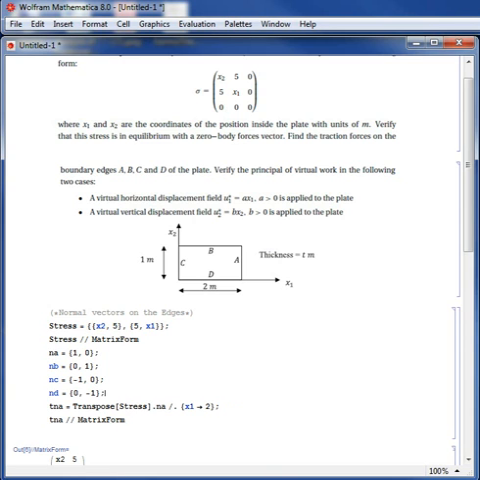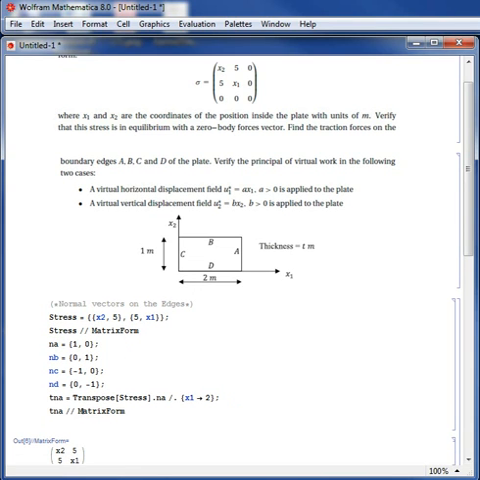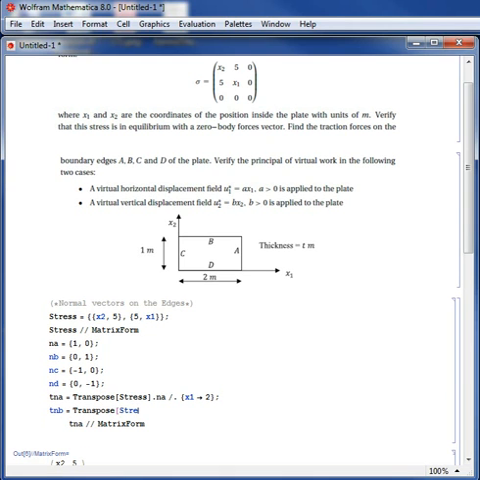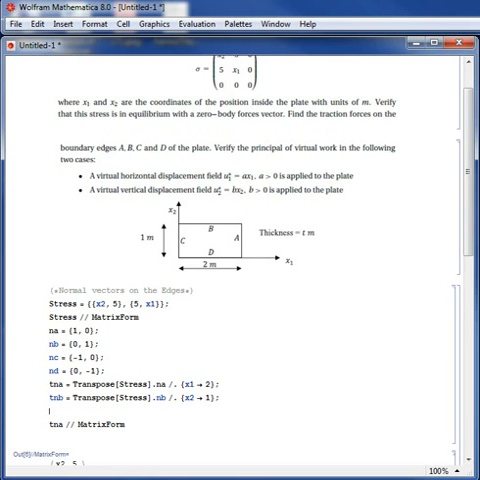So this is the normal vector on the edges A, B, C, and D. The traction vector on edge B is equal to the transpose of the stress dot NB, evaluated for a particular x2. On the top edge, x2 is always equal to 1.